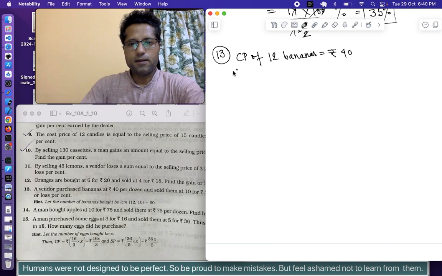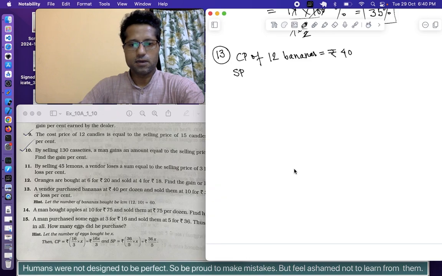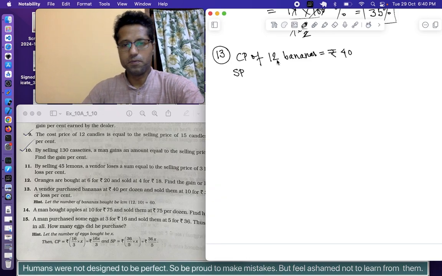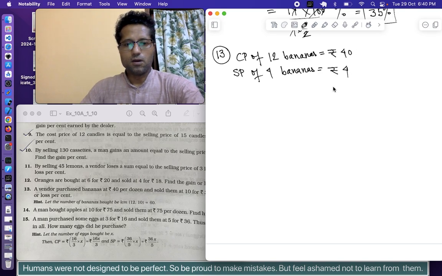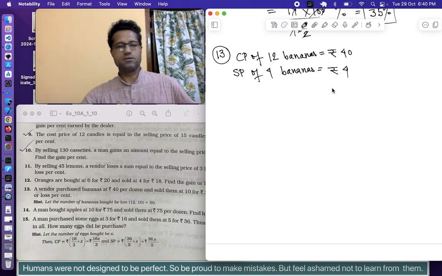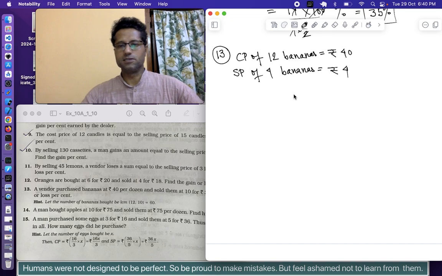And selling price, it is given that they were sold at 4 for rupees 18, that is, 4 bananas were sold for rupees 18. So selling price of 4 bananas is equal to rupees 18. Now remember that to find the gain or loss, the number of articles purchased and sold must be the same.